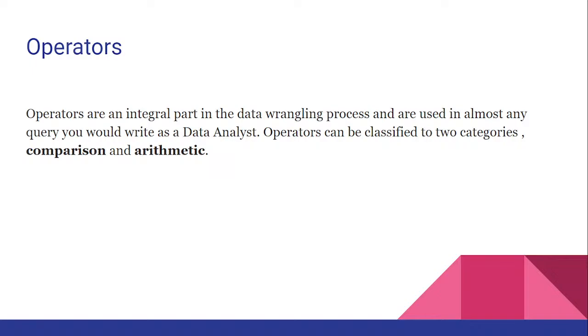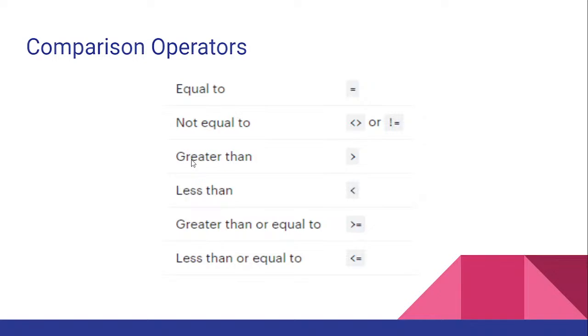Operators can be classified into two main categories: comparison and arithmetic operators. The comparison operators are, for example, equal to, if you want to check whether the value in your column is equal to a certain specified value or not. There are also cases where we want all of the values excluding something.